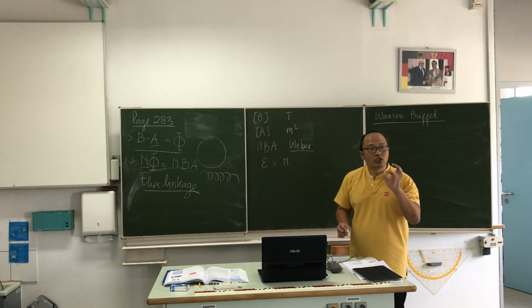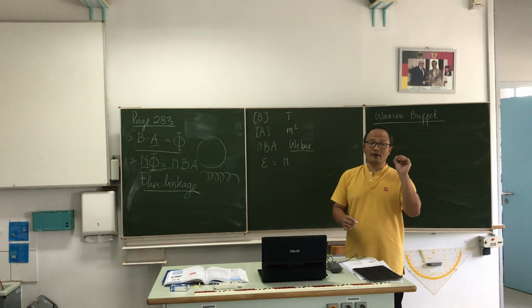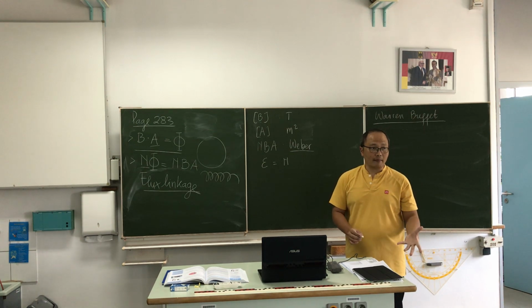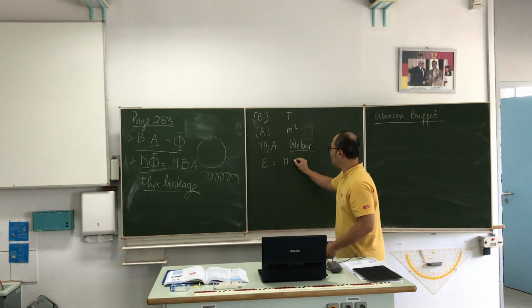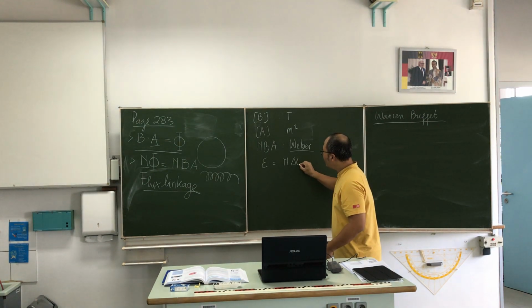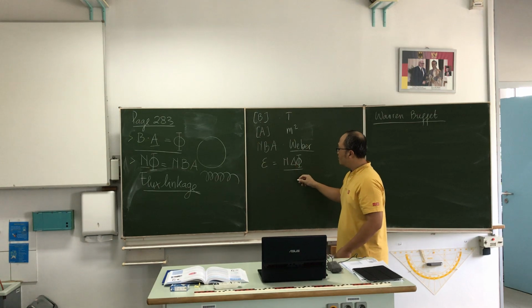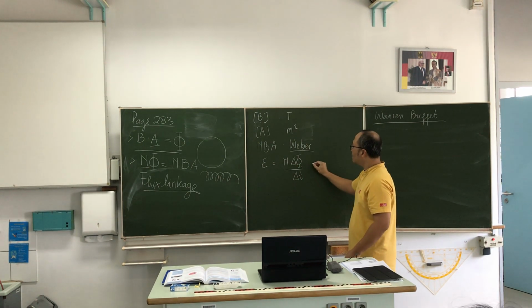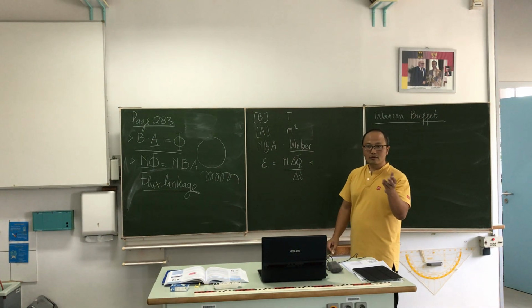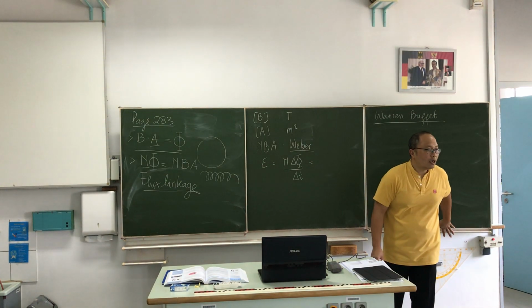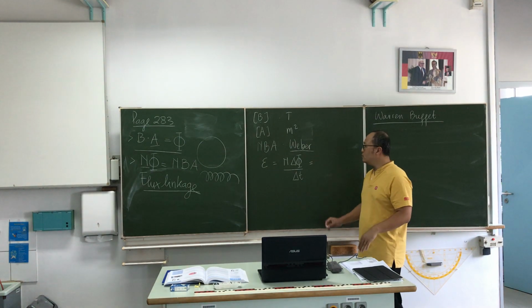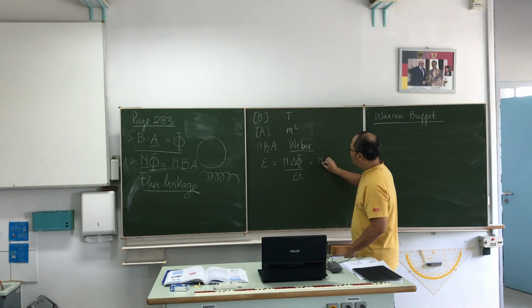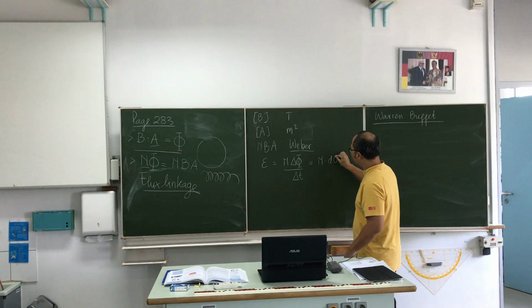Electricity is generated if you have a flux change in time. So change of flux in time, which at your level it's much easier to just write delta phi divided by delta time. But for some of you who love mathematics and can do differentials, this will also be applicable.